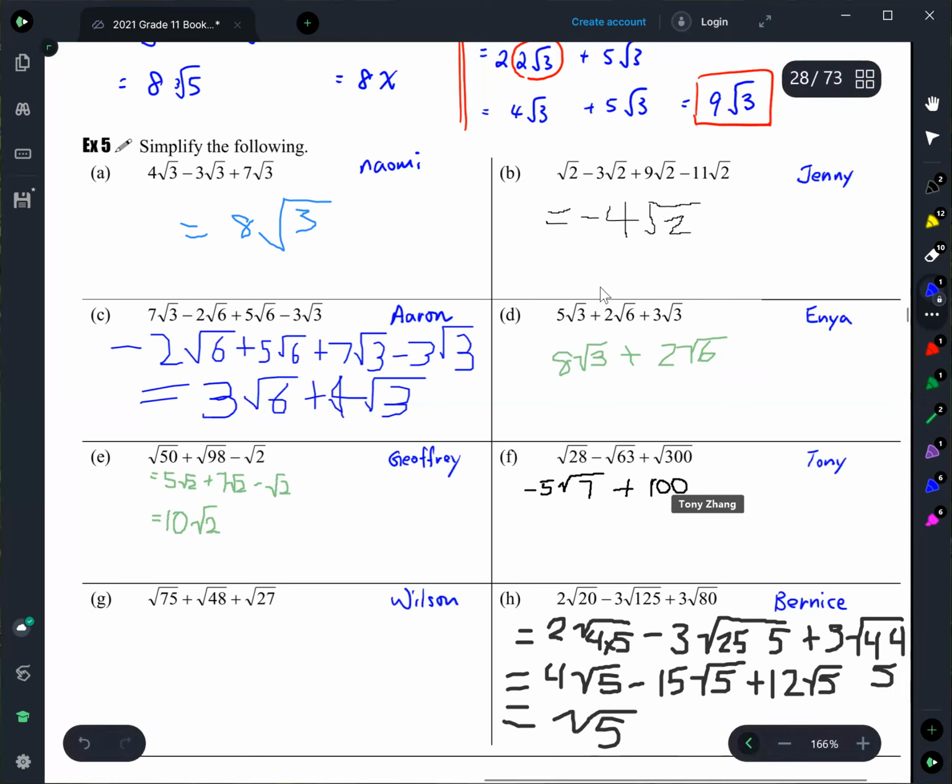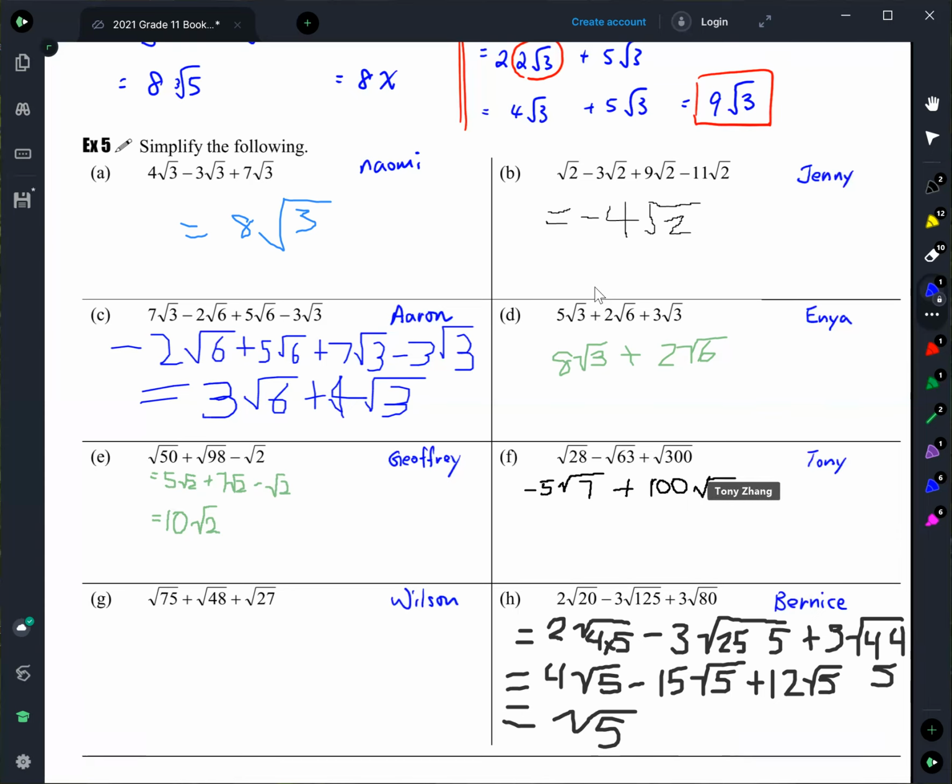Okay, very good effort. I see a lot of you are trying to write with a mouse.